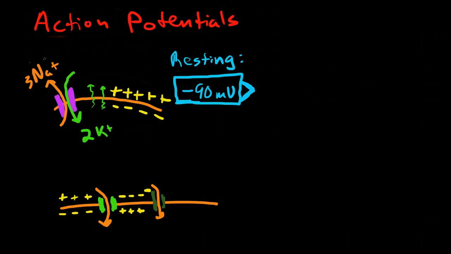And then as we move along the cell membrane, we end up propagating the impulse because we have a charge change that triggers the next sodium channel to open up. So the action potential is just a change from the resting potential of the charged membrane that moves down the membrane because of these voltage-gated sodium channels.